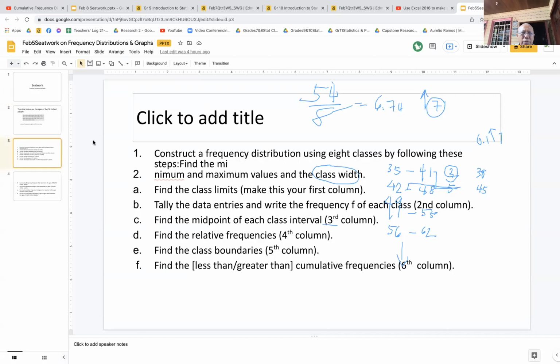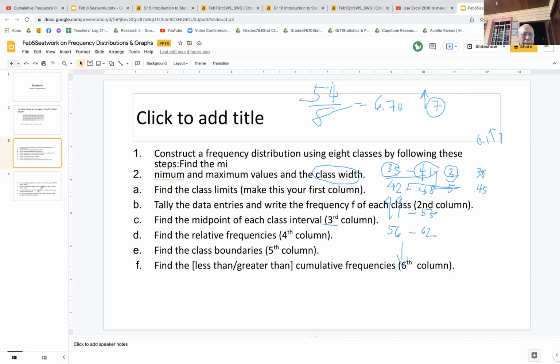So we will divide each frequency, the 2, for example, 2 divided by 50 for this interval, 5 divided by 50 for the next one, and so on. And then, of course, you know how to get the class boundaries. You just subtract 0.5 here, you add 0.5 there. And then the less than and greater than cumulative frequencies.